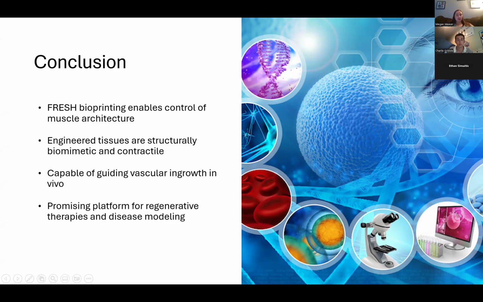Importantly, these constructs also supported vascular ingrowth in vivo, which is essential for integration and long-term survival after implantation. Overall, the approach represents a promising platform for both regenerative medicine, like treating muscle loss, and for disease modeling in the lab, where we can study muscle function and drug response in a controlled 3D environment.